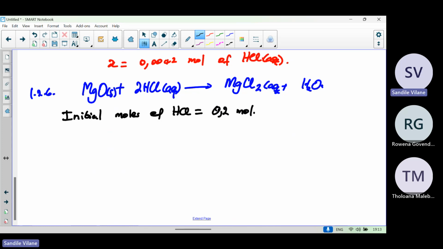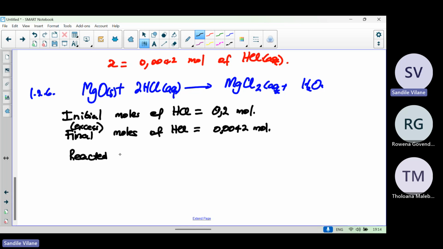A certain amount reacted, and then what remained, which is the final number of moles, or rather the excess number of moles, which is what we have just calculated now. We found that it is 0.0042 moles. So how many moles now have reacted?